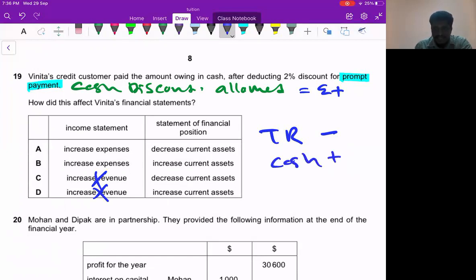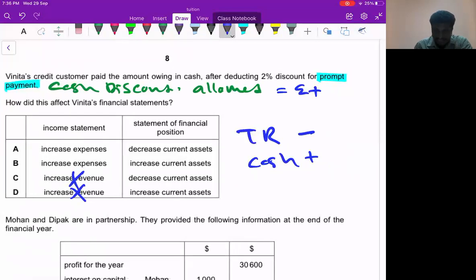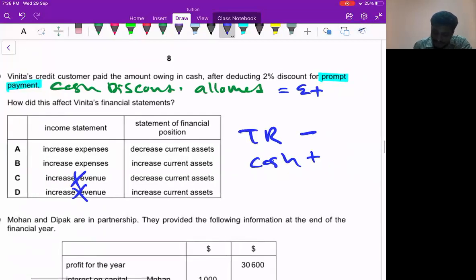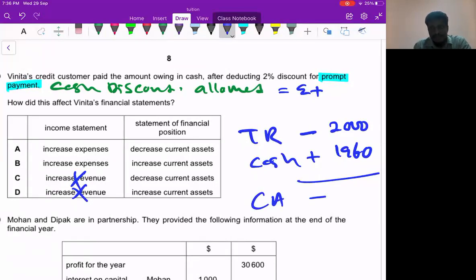For the money, in this example I just create some numbers. The trade receivable will reduce by 2,000 and your cash will be 1,960. So as a total, the current asset will be reduced. I only receive 1,960. The 2,000, I simply created a number. So the answer is expenses increase, current asset decrease. Answer is A.